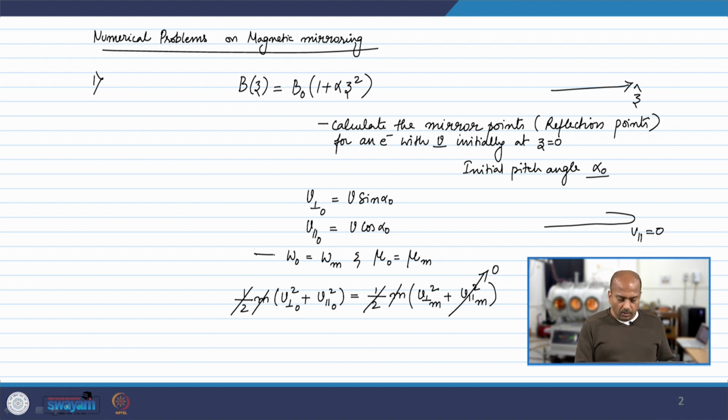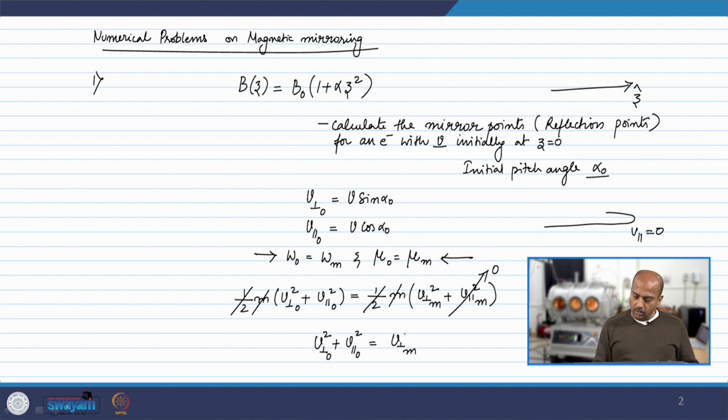What it means is that the kinetic energy is the same between the initial point and the mirroring point. So does the magnetic moment. Initially and at the mirroring point, both of them are the same. So we can rewrite this expression as V perpendicular 0 square plus V parallel 0 square is equal to V perpendicular m square.